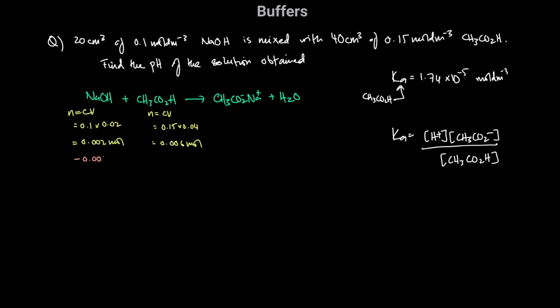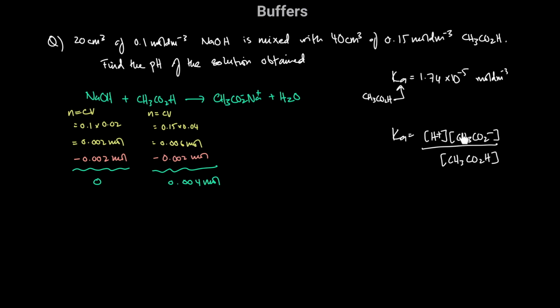Only 0.002 moles of ethanoic acid will react, and then the reaction will stop. After the reaction, we have 0 moles of NaOH left over, but we have 0.004 moles of ethanoic acid left over.